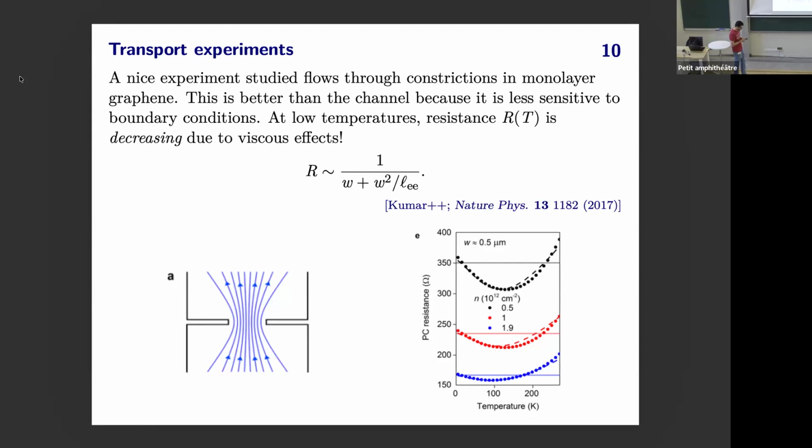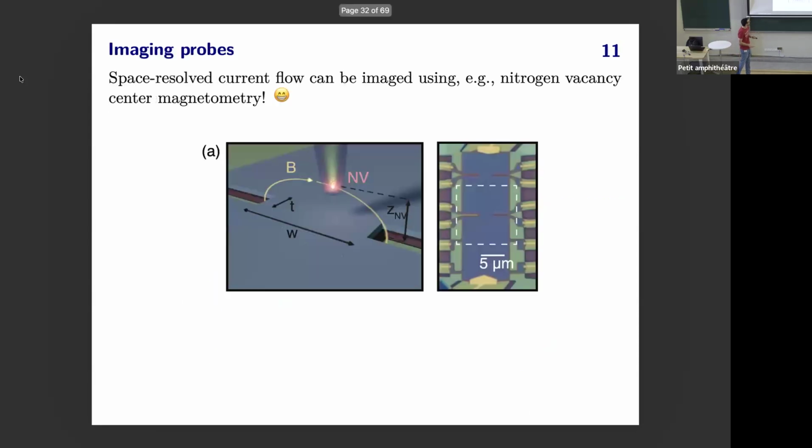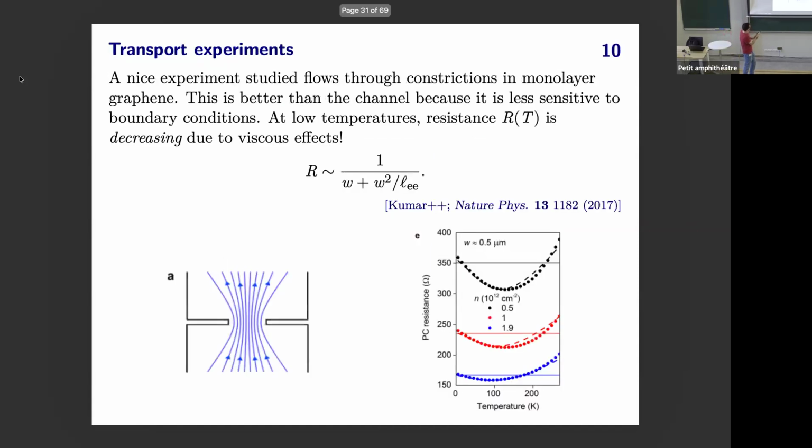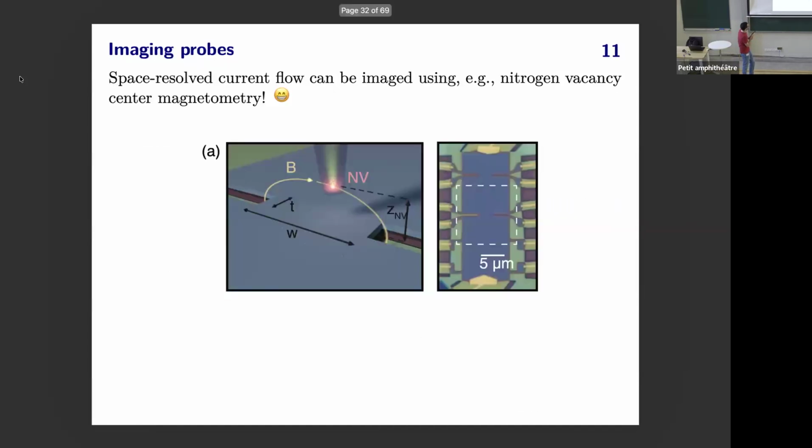This is one strategy. In the past 5 or 6 years or so, there have been even more elegant experiments in some respects, enabled by the implementation of space-resolved imaging techniques. So you can now imagine not only measuring just this global resistance, but actually imaging how the current is moving locally through the device.